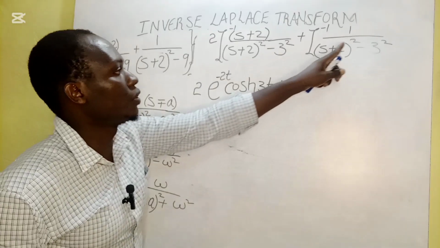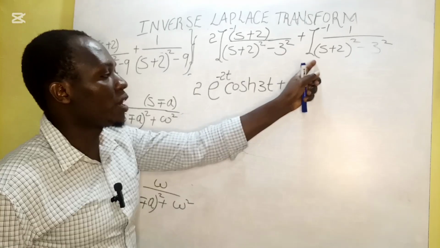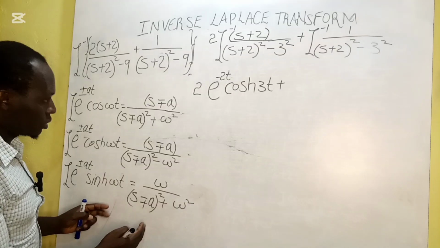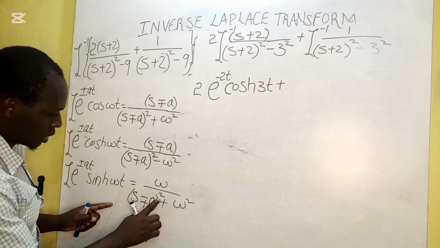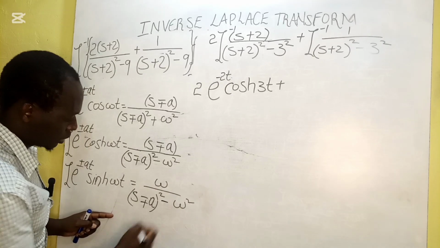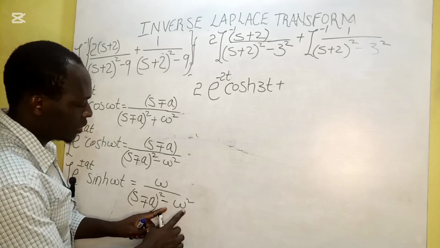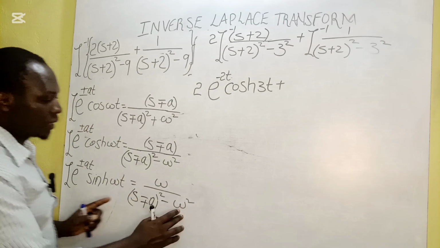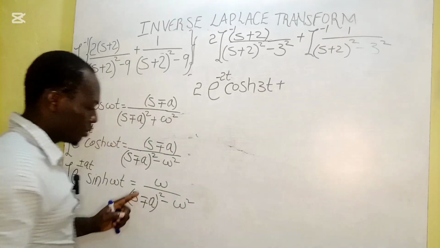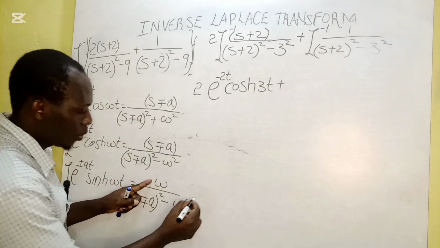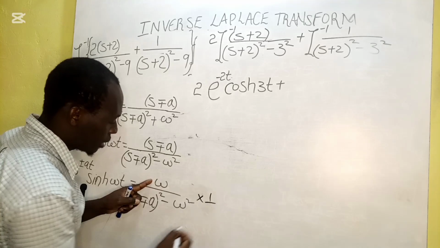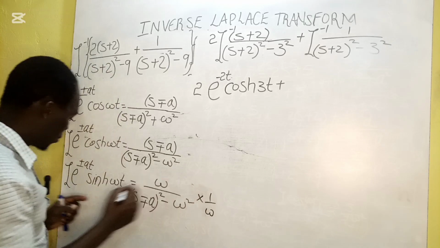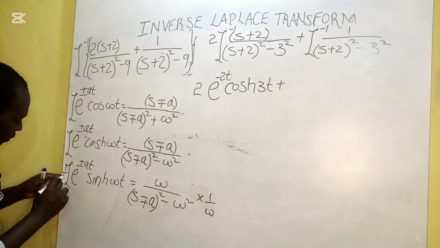Let us now check on this function here. For us to do this function, we know that it resembles, here we are supposed to be having a negative, we know that it resembles this function. But when you check here, we are having 1. To mean that for us to have 1 here, we must multiply this function by its reciprocal on both sides.